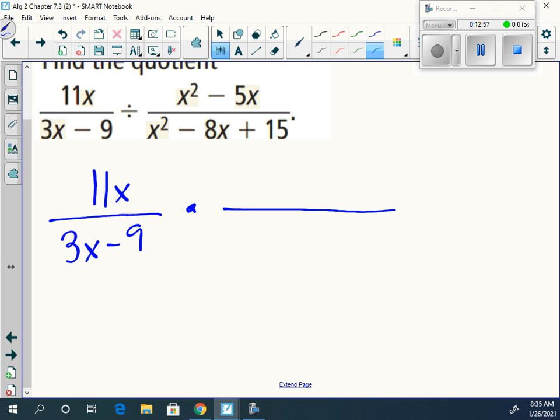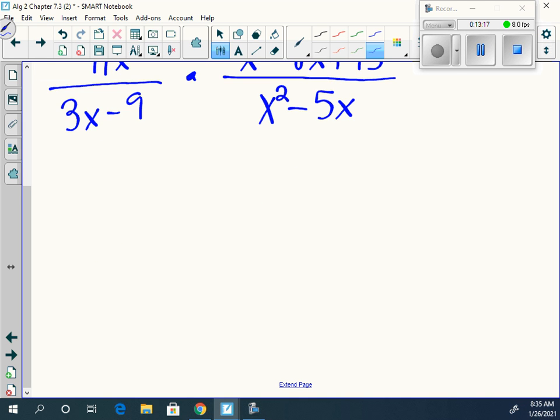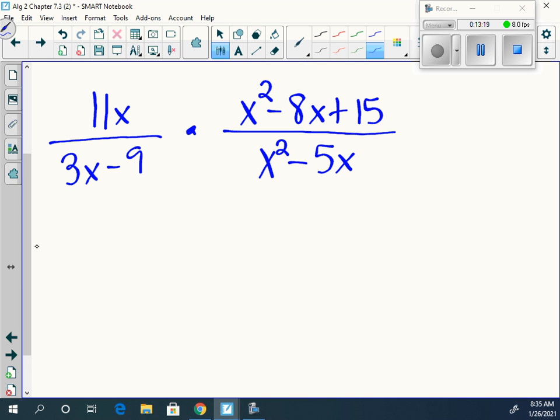Because we got to flip them anyways, why don't we just start out with flipping it? So we went on and flipped it because we don't do divisions with fractions. So we changed it to multiplication.